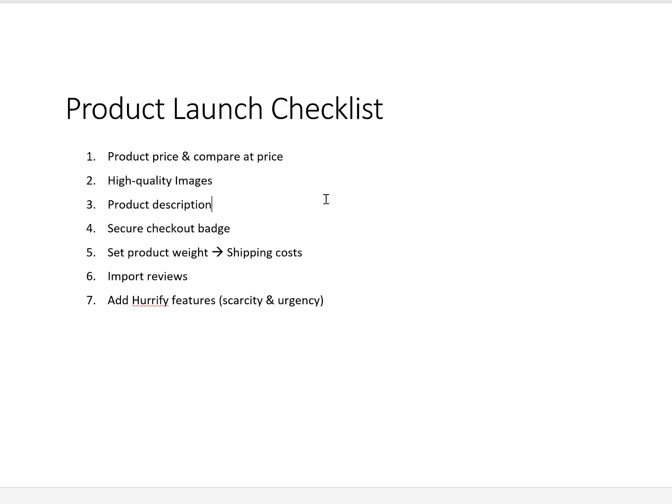Even $9.95 can work if you've got a lower shipping cost. So make sure your compare at price is higher than the shipping price if you're doing free plus shipping. That's important. You want to have a value gap even after the customer pays for shipping.